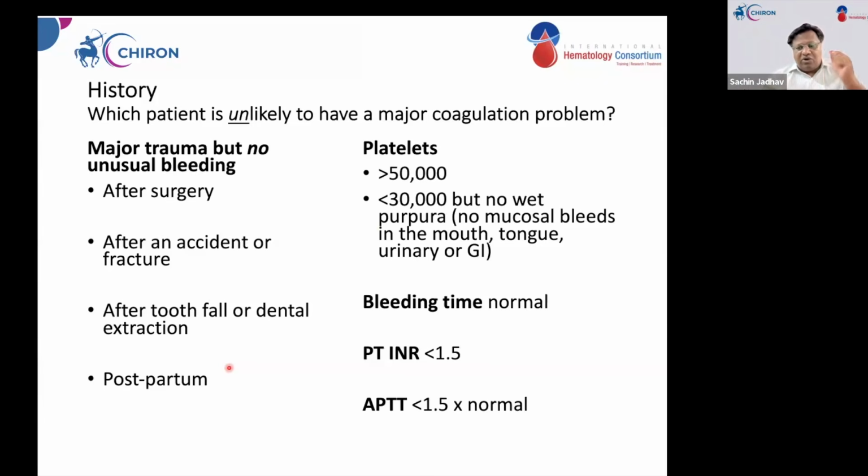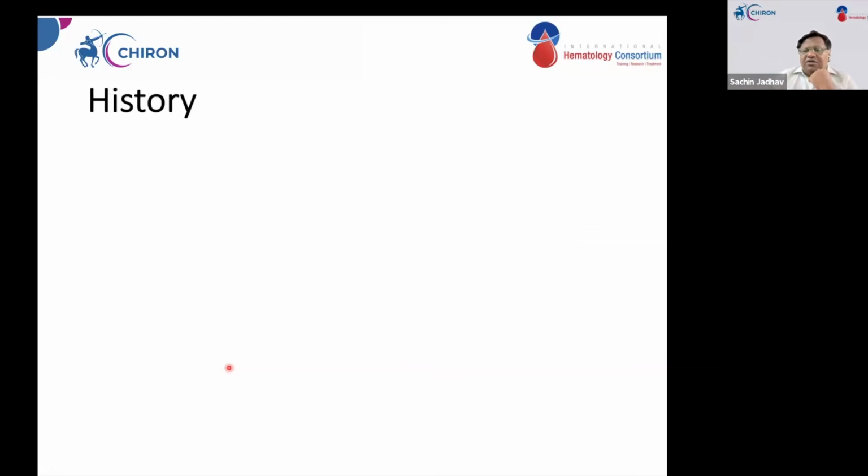So they will say, no, the normal APTT in my lab is 28 seconds, for example. So then you have to calculate 28 into 1.5. That is 42. So until the APTT goes above 42 seconds, above 1.5 times normal, it's not significant. Similarly, in prothrombin time, if the INR is less than 1.5, it's not significant. So these are patients who are unlikely to have major coagulation problems.